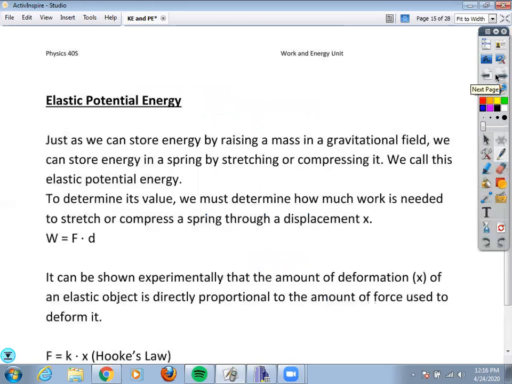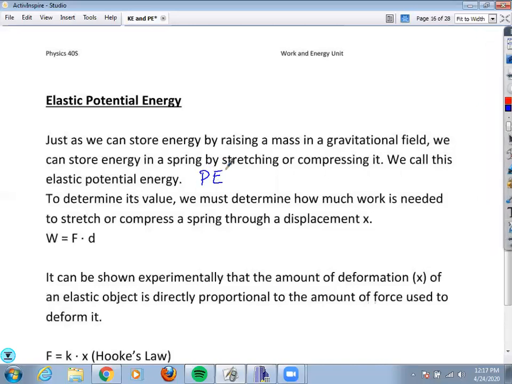Okay, the next type of potential energy is energy that's stored in a spring or stretching a rope, stretching an elastic band or something that's compressible. And we call this elastic potential energy. So it's potential energy, and we'll use S for spring for elastic.